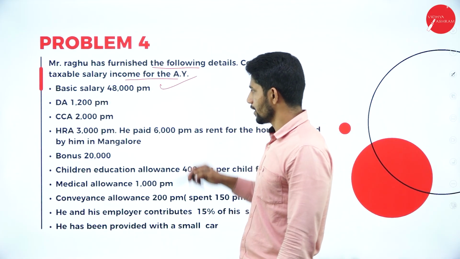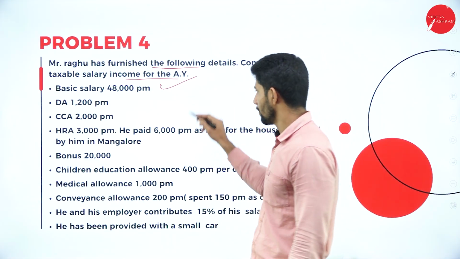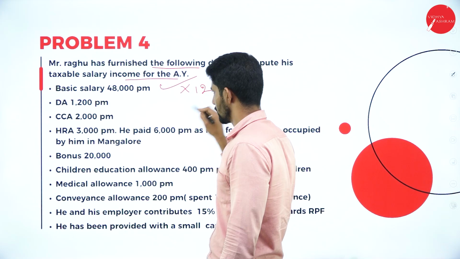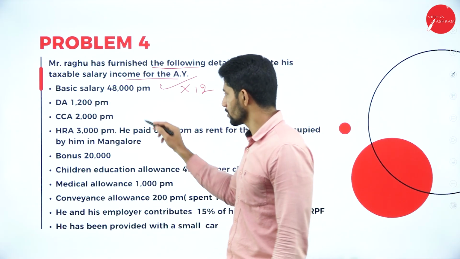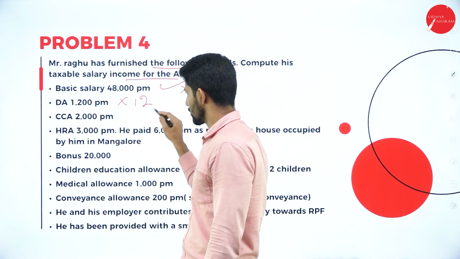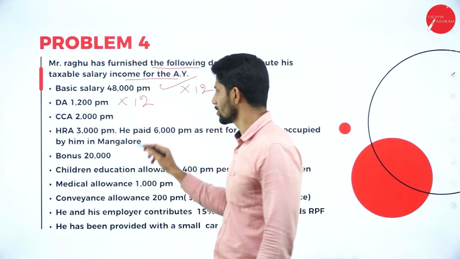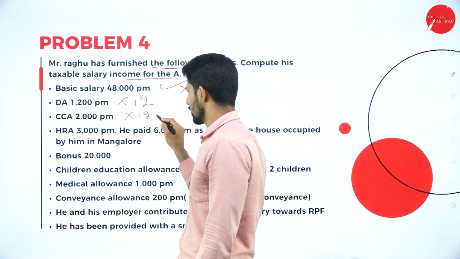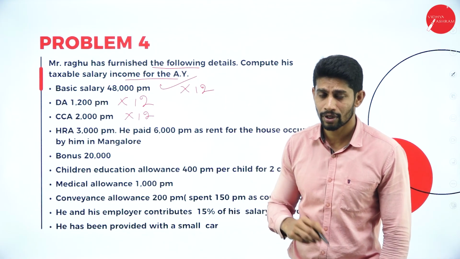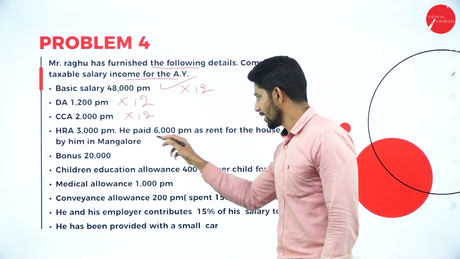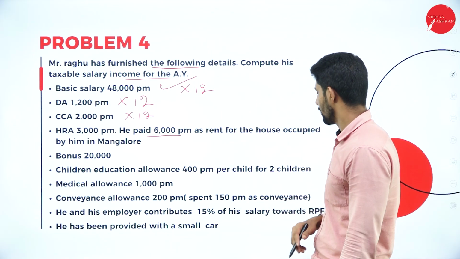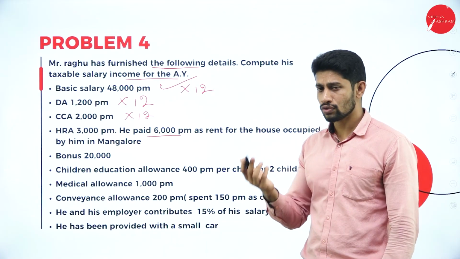Basic salary is 48,000 per month and you are supposed to make it into 12 months. DA 1,200 per month, again into 12 months. CCA 2,000 per month into 12 months. HRA, how much is he receiving? 3,000 per month into 12 we will do it. And he paid the rent of 6,000 per month. That also we multiply with 12 months.